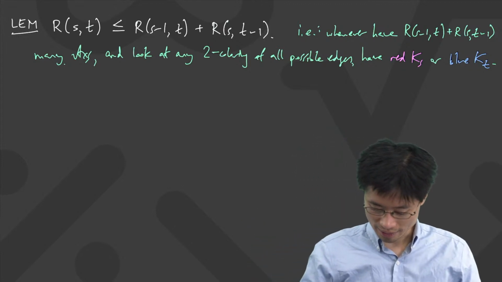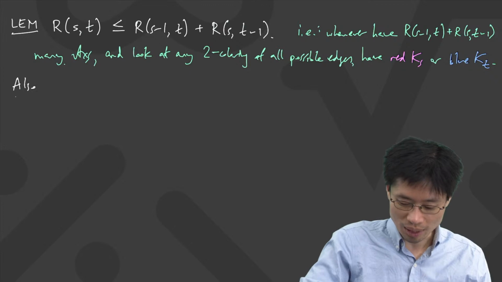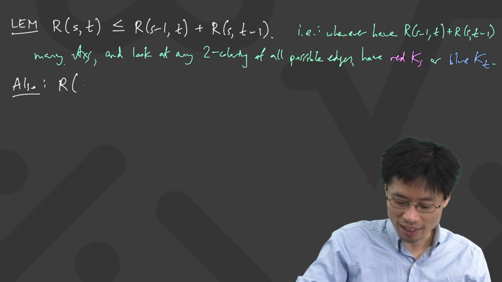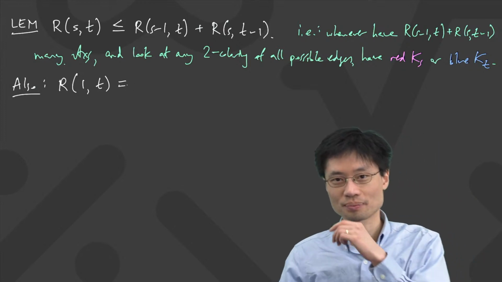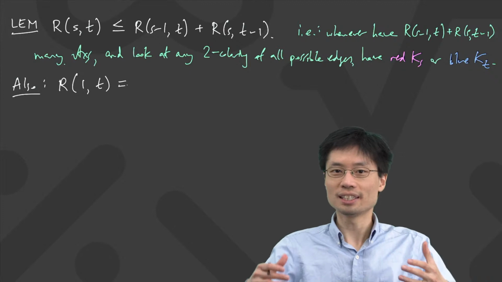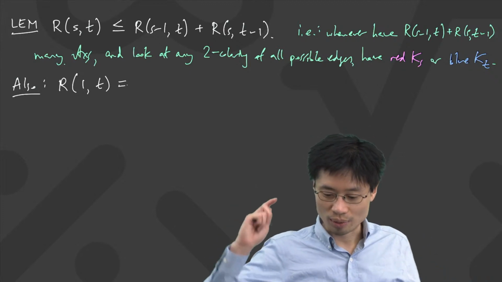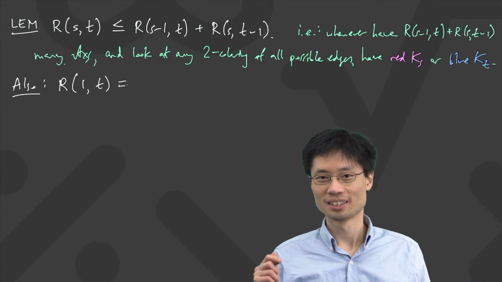Let's also use some obvious facts. If I ever have R(1, T), can anyone tell me what this is? How many vertices do I need to guarantee that there is always a red K_1 or a blue K_T? 1.